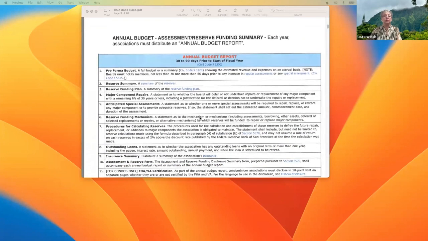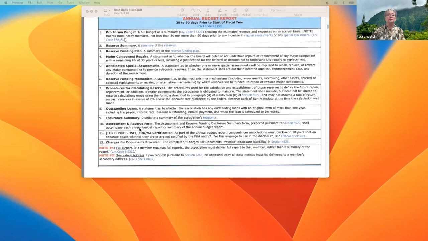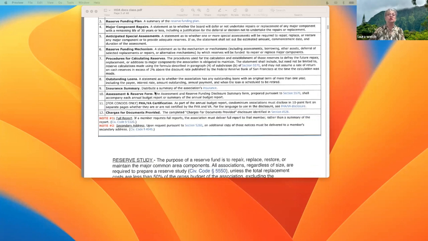I'm not going to read every line to you, but this outlines what you should expect to see in an annual budget. And annual budgets are really key, as you'll see when we start diving into examples of things that we see and what to look for. Oh, here it is right here, insurance summary. That's in the annual budget.